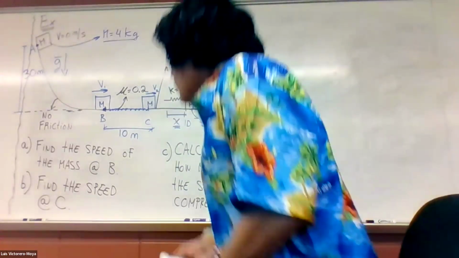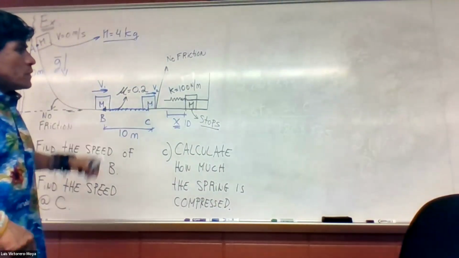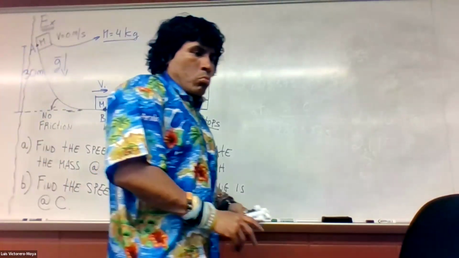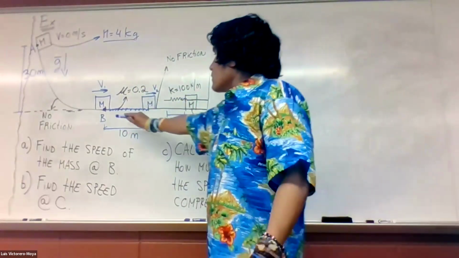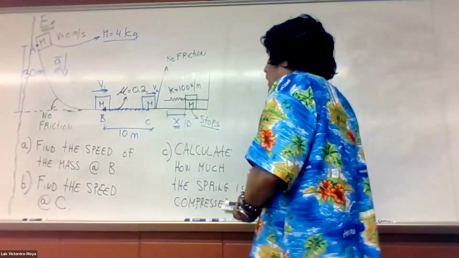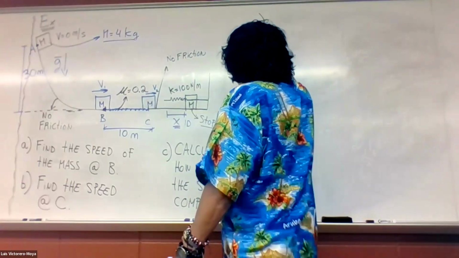All right, so I think B should be clear for everybody. So what do you guys do to find the speed at B? B1, part A. What do you guys do?